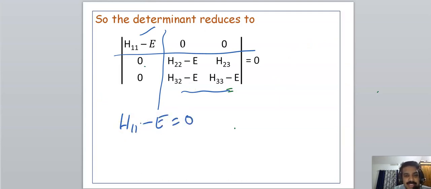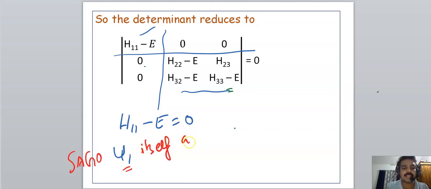And this means that the wave function psi 1 does not interact with psi 2 and psi 3. Okay, this means that we are separating this H11 minus E, so the wave function psi 1 does not interact with psi 2 and psi 3. Therefore, this psi 1 itself is an SALC.